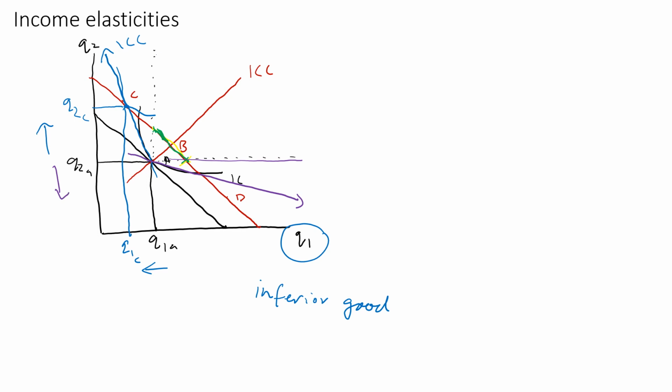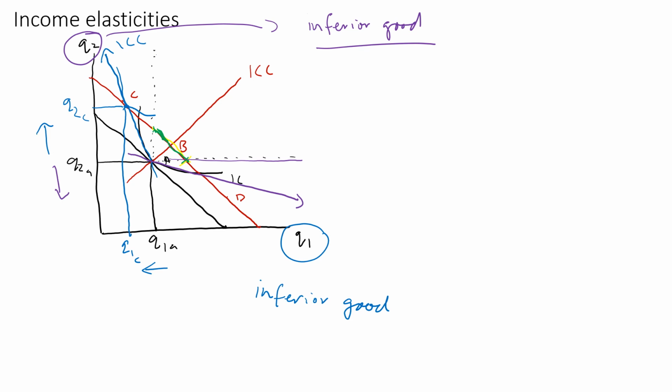And when we reduce the consumption of Q2, then Q2 becomes an inferior good. So by definition, for an inferior good, when there is a rise in income, we decrease the consumption of that good.